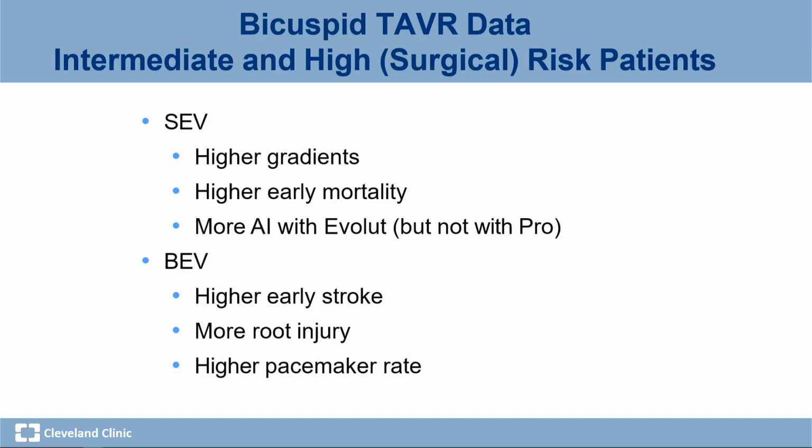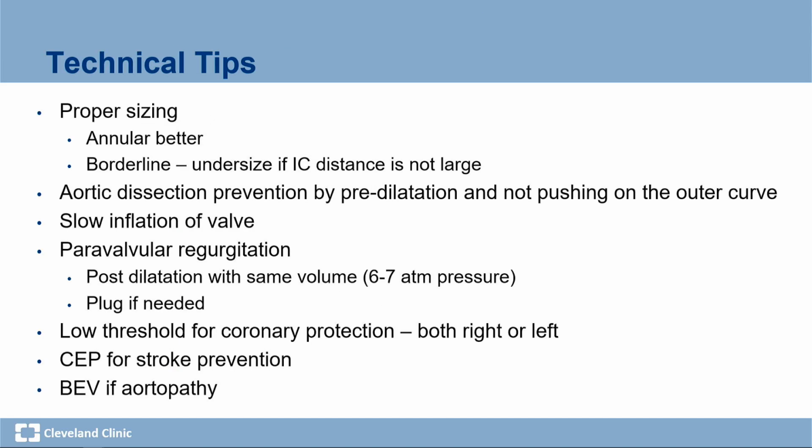Balloon expandable valve, the higher early stroke rate was seen, more root injuries were seen, and higher pacemaker rates were seen. So these were the two things that we identified from this analysis to keep in mind.